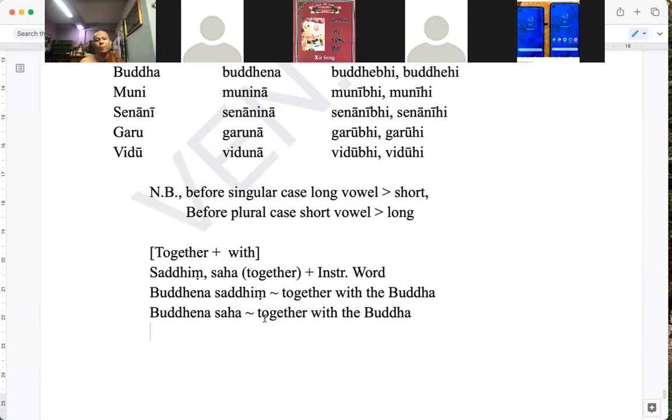Sahayakena saha, together with a friend. In this way, such a usage, when you use Saddhim or Saha, at that time we unavoidably need to use an instrumental case word. Bodhina saddhim, Dhammena saddhim, Munina saddhim, Guruna saddhim, Sinanina saddhim, and so on.